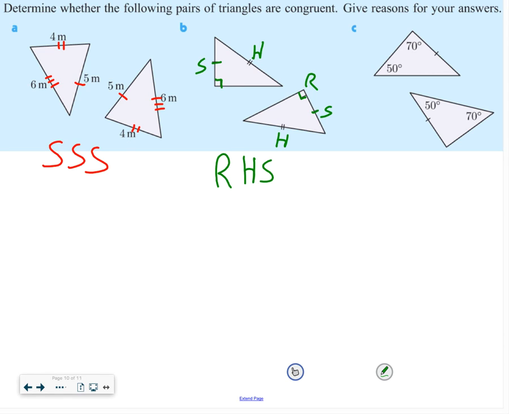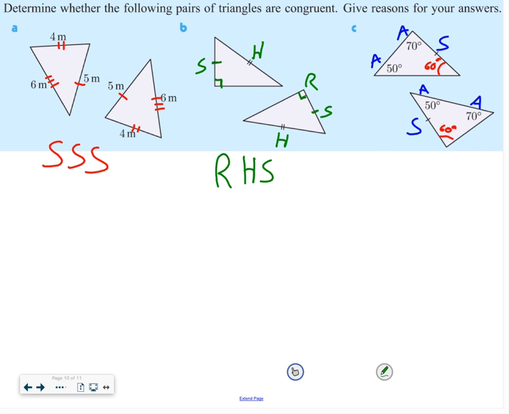Okay. For part C, notice we have an angle and a side, and this angle and a side, but notice the side and the angles are not positioned in the same spot. We could deduce that this angle here is 60 degrees. We can decide that this angle here is 60 degrees.